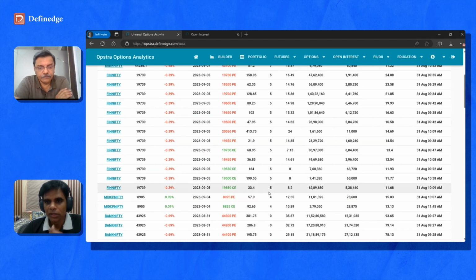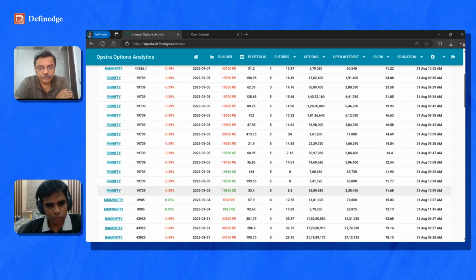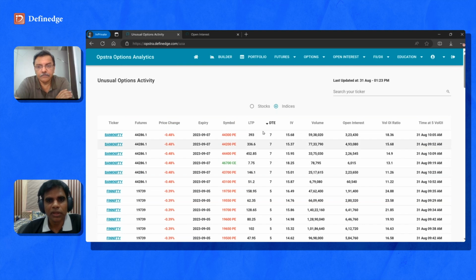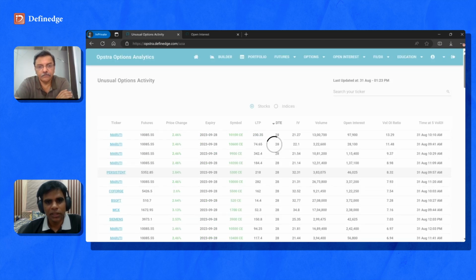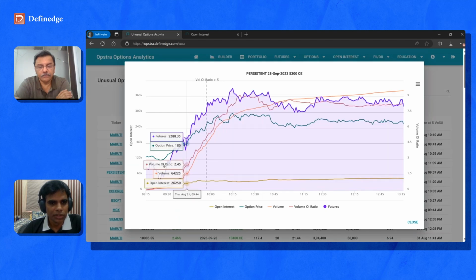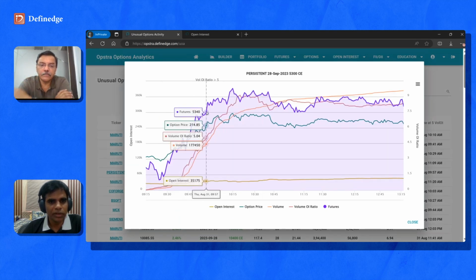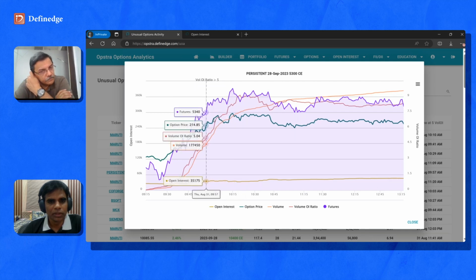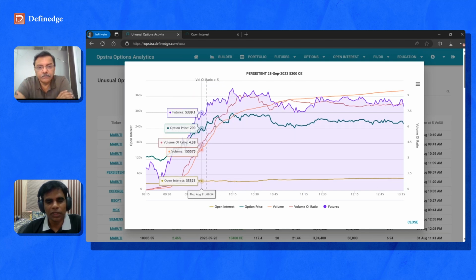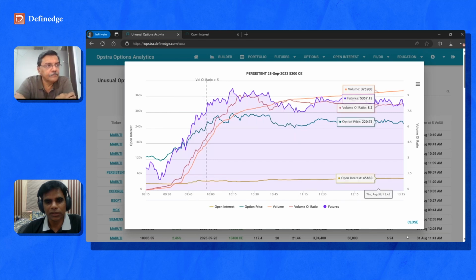Yeah. So indices can also be analyzed in the same way, but mainly I would go with stocks. The stocks will clearly tell you what is happening. Even Persistent, for example, after the move it gave a signal, it went up, and then it went sideways.